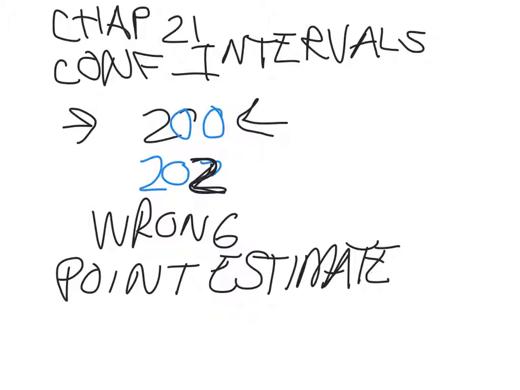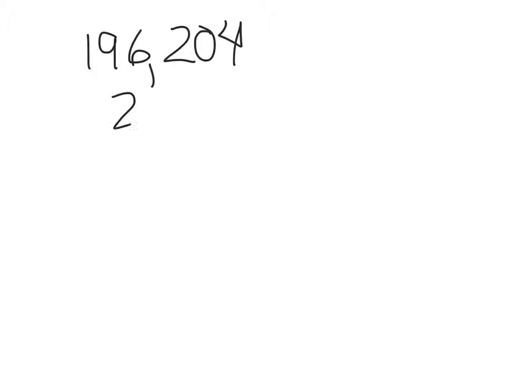Well, what if back today I would have said, I believe that my values will run between 196 and 204. And then at the end of May, they came out to be 202. Now, would I say, am I right or am I wrong? And you would say, why, you are right, because your interval contains the 202.